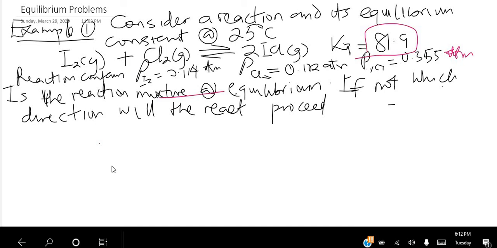In order to solve this problem, we need to find our reaction quotient and compare this reaction quotient with our equilibrium constant. So our reaction quotient will be Qp because we have the partial pressure of reactants and products.